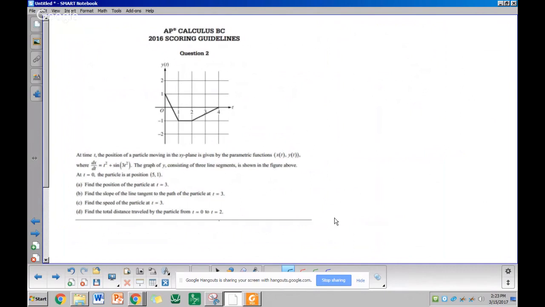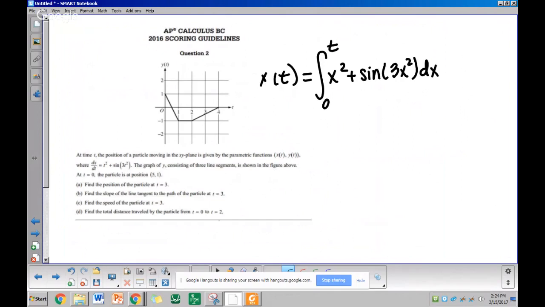So right away, when they give me an initial condition like that, I am going to set up a function for x of t before we even start. What's x of t going to equal? It'll equal the integral from time equals 0 to some time t, and then I'm going to put my derivative here, which would be x squared plus sine of 3x squared, using a dummy variable, dx, plus 5.